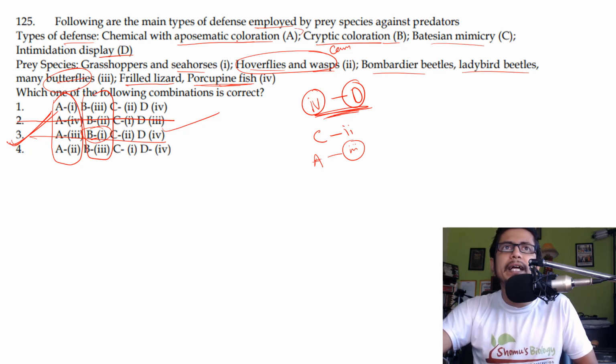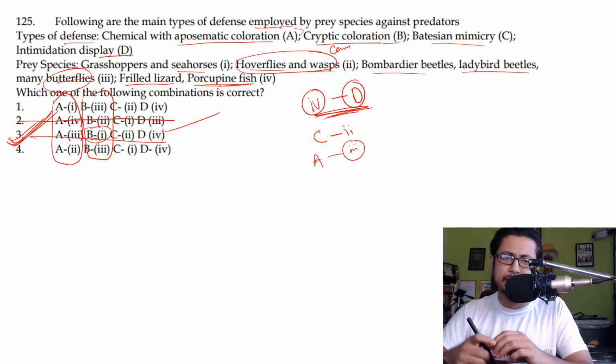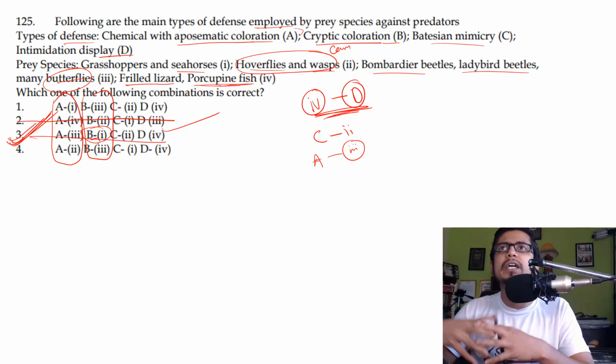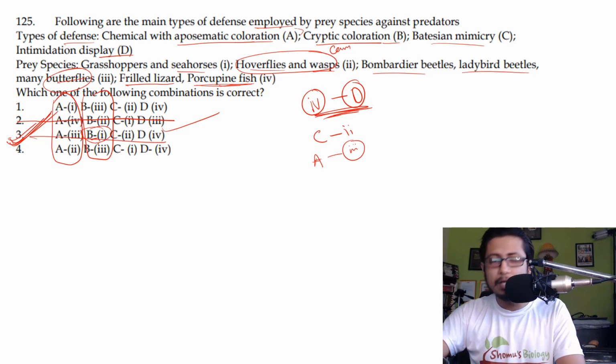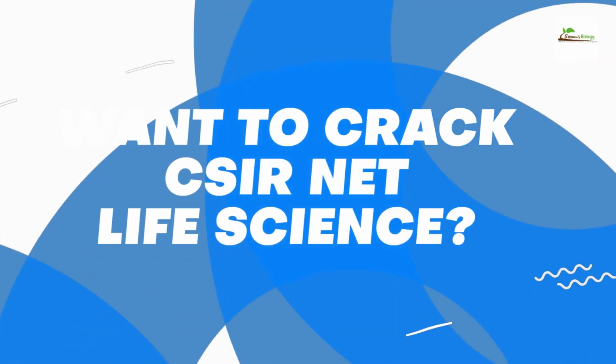So if you know aposematic coloration is with the butterflies, you immediately know the answer. You don't need to read any other options. So this is even the faster way to answer the question, but you can do that if you know about the basics of aposematic coloration, cryptic coloration, Batesian mimicry, at least one or two of these four types of processes. Okay, let's move.